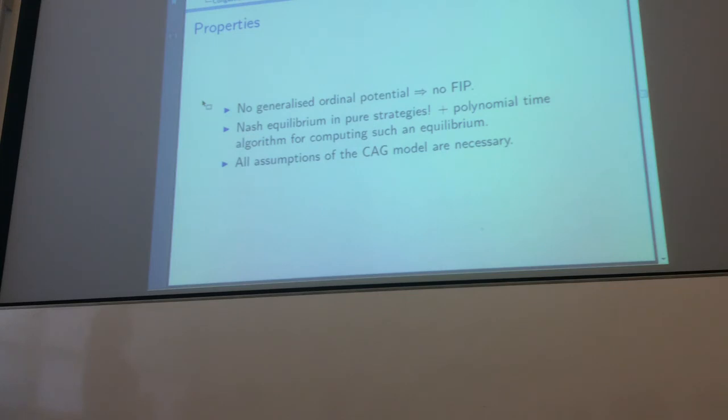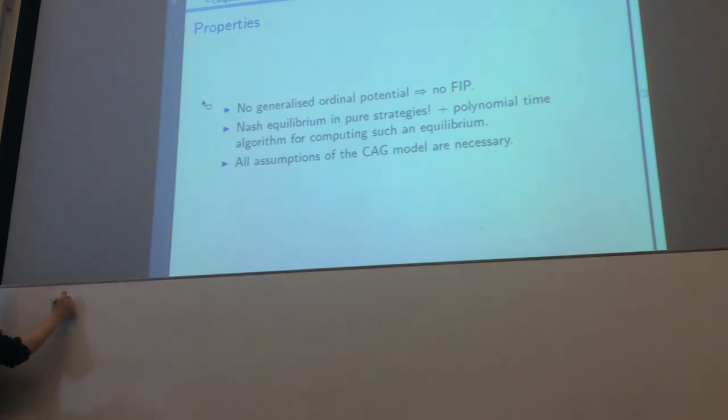But there is still a Nash equilibrium in pure strategies. And in fact, there's more than that. Not just that it exists, it can be found in polynomial time. So we can show a polynomial time procedure that will lead to a Nash equilibrium, in fact, from every possible strategy profile, which means that those games are, if you quote the term, weakly acyclic.